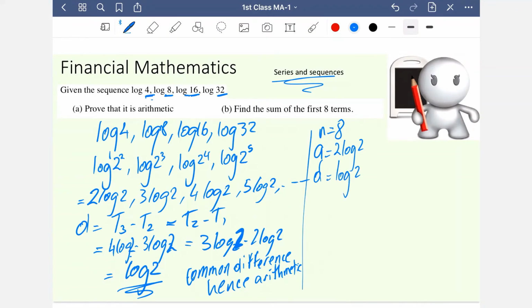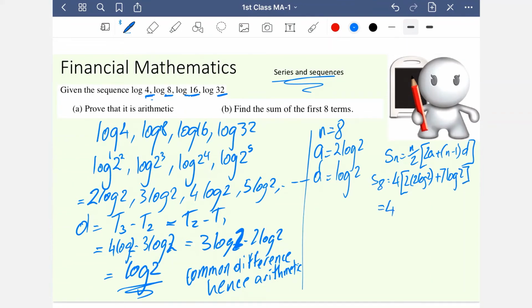Now using your formula that's given to you on your formula sheet, it's n over 2 outside of 2a plus (n minus 1)d. So the sum of the first 8 terms is 4 outside of 2 times 2 log of 2 plus 8 minus 1, which is 7, multiplied by the log of 2.